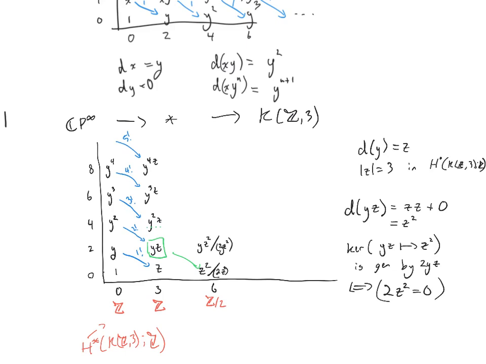So 2yz squared vanishes because it vanishes in the bottom row. And you can just check to see, hey, does our life save us? But d of y squared z is going to be d of y squared times z, and then plus 0, because d of z is 0.